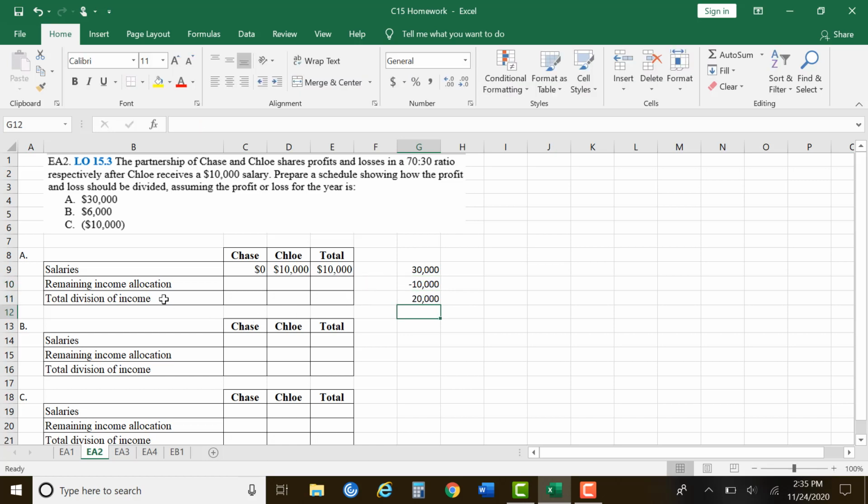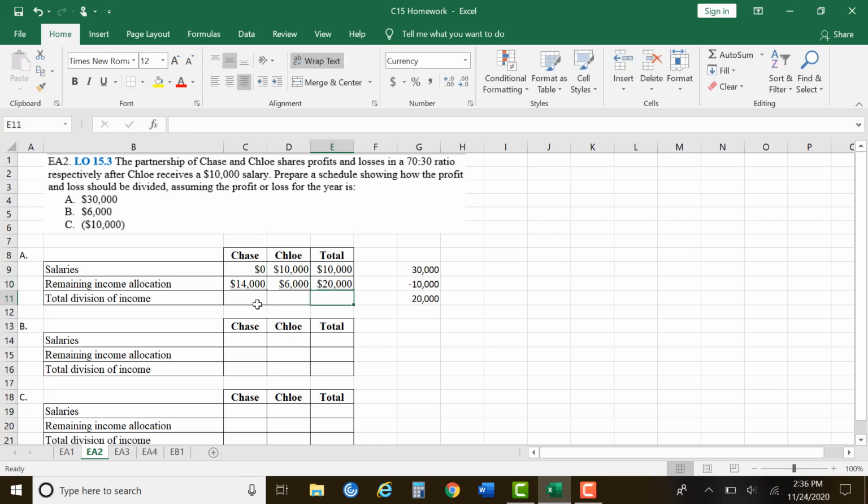So how are we going to allocate that remaining income? It says that we split it 70-30. So Chase is going to get 70% of that $20,000, and Chloe's going to get 30% of that $20,000. So 20,000 times 70%, he's going to get 14,000, and Chloe's going to get 30% of that 20,000, which is 6,000.